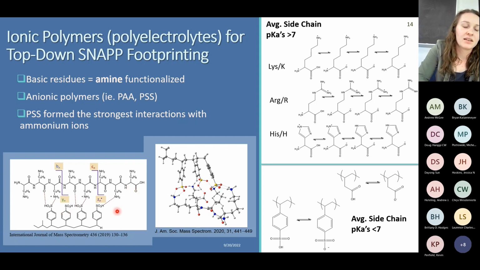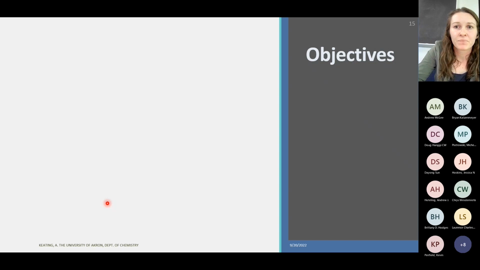And this paper revealed that the tag was capable of surviving top-down proteomics, or tandem mass spectrometry, through collision-activated dissociation, ultimately able to identify the region of the adducting that's occurring.